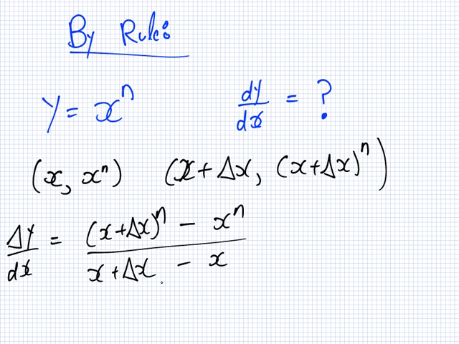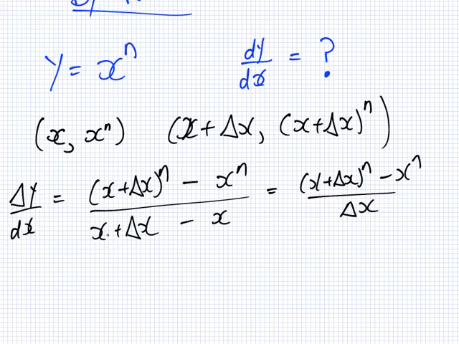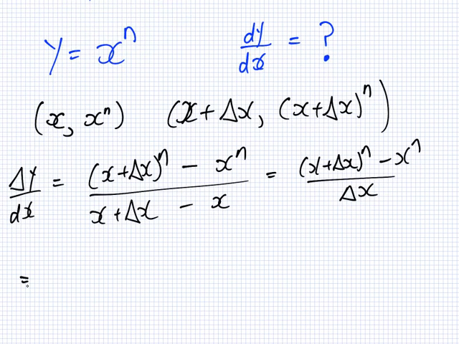On the top we have (x plus delta x)^n minus x^n, all over delta x. Why did you put the triangle before the y and not the x? Oh yeah, that's weird. Okay.